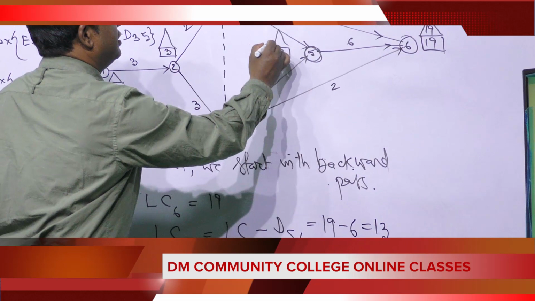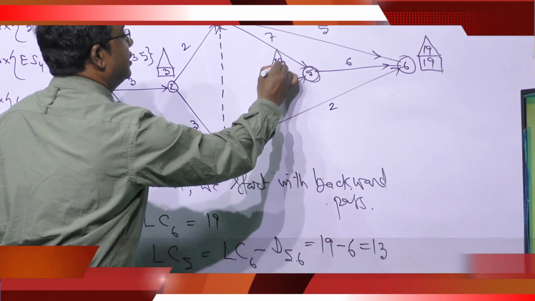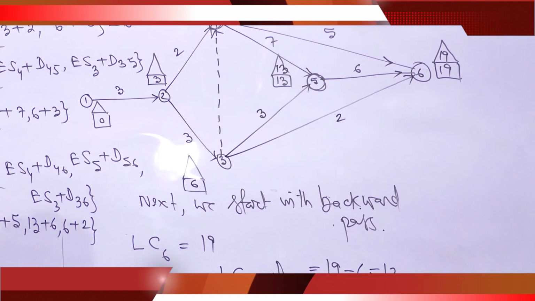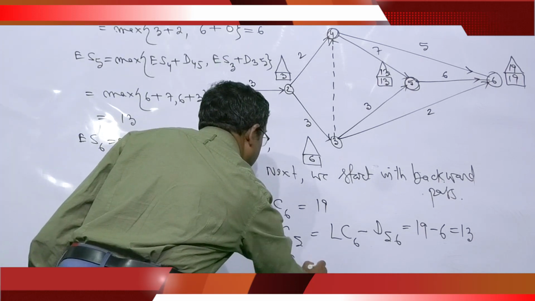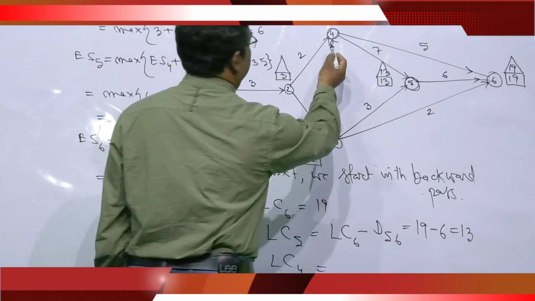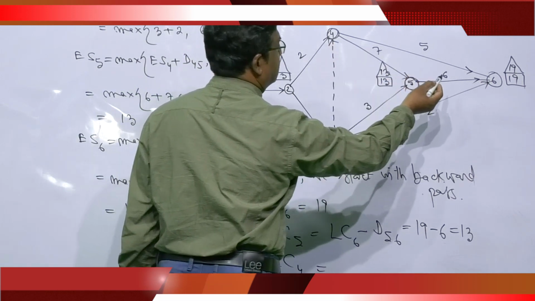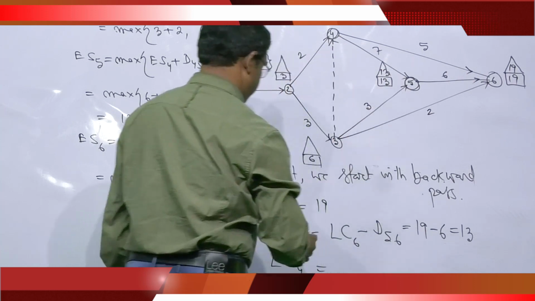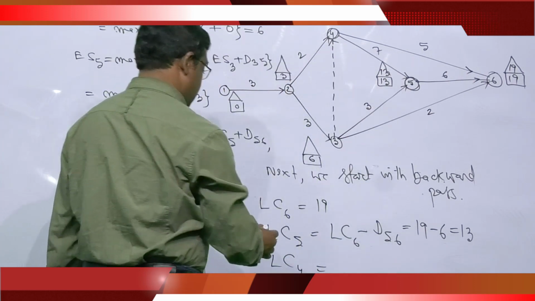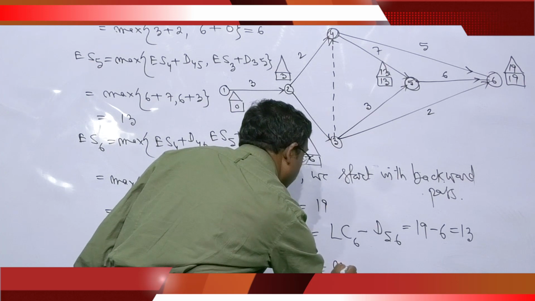We have to write 13 here. Next, LC4. For LC4, there are two routes, one from node 6, another from node 5. In the backward pass, we have to take the minimum value.